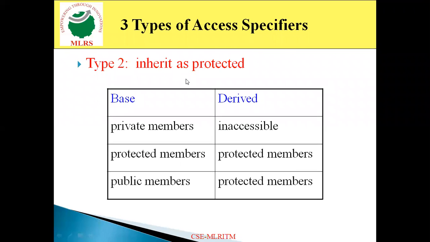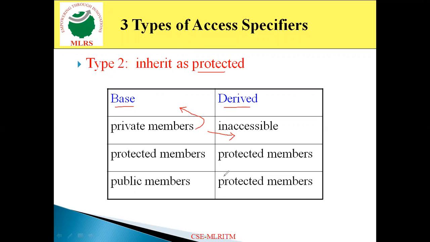Similarly, look at one more. What happens when we inherit as protected? Same thing: there are two classes, base and derived, and three sections: private, protected, and public. How does it reflect whenever we derive a new class in protected mode? As usual, the private members will be there in the base class only and will not be accessible in the derived class.